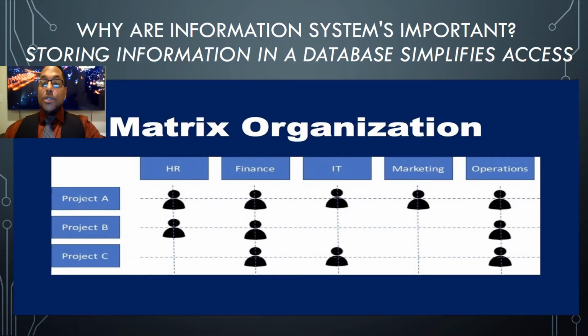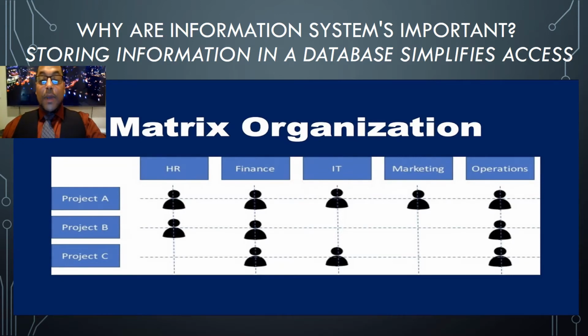Why are information systems so important? Quite frankly, storing information in a database simplifies access. It allows the information ubiquitous access for the organizational stakeholders to utilize and add to.